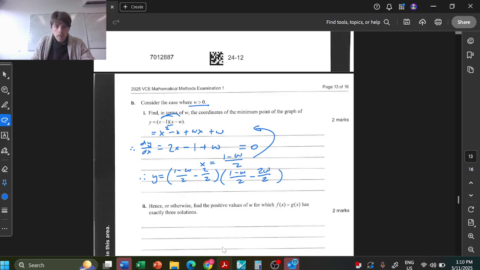Minusing w, yeah, that's good. So if we have a look at that, what are we going to get when we do all of that? Was that right? Yep, so 2x minus 1 plus w. Yep, so minus w there. W on 2. Oh, this was a square number.